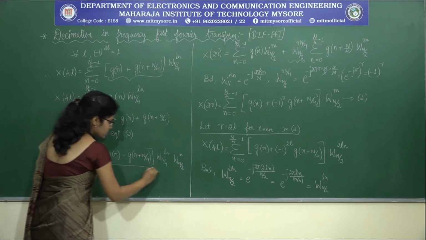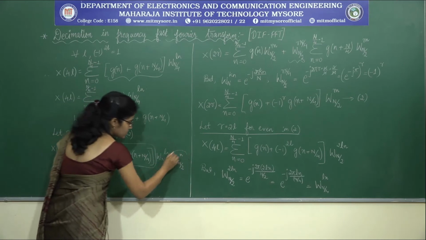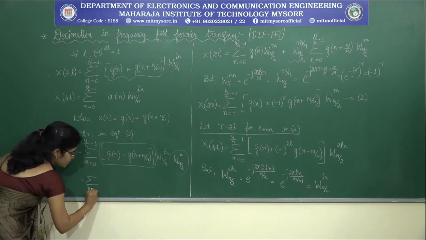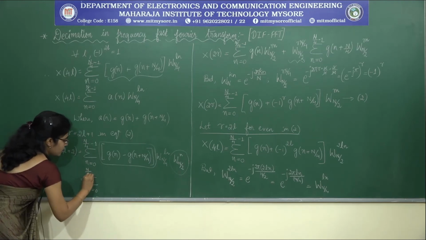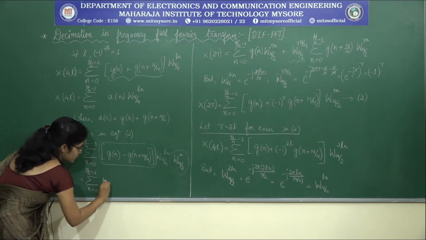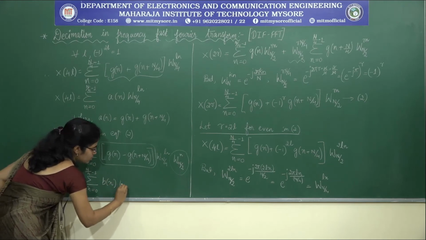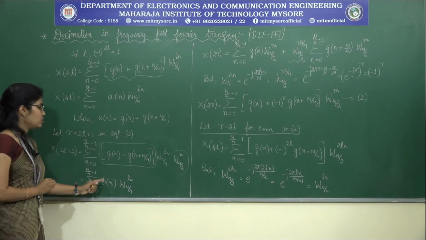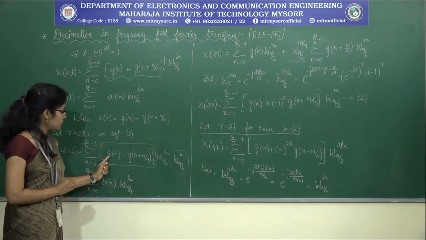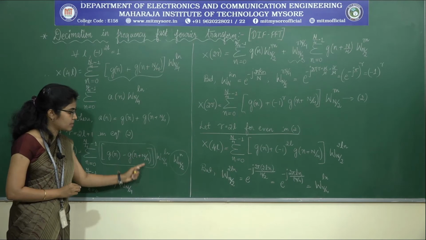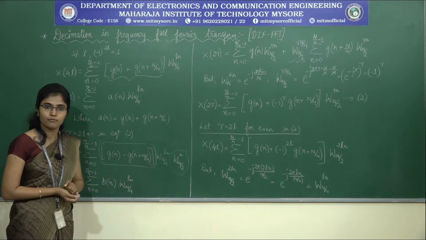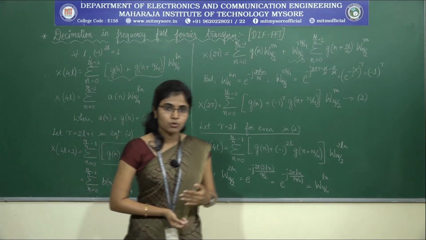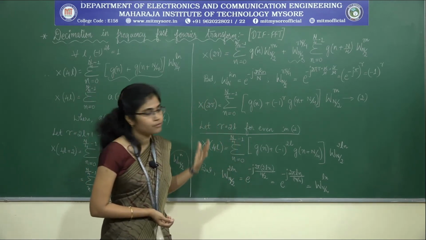Now, instead of this term and this term, let us take a substitution, that is summation n ranges from 0 to N/4 minus 1. Let me take it as b of n into omega N by 4 to the power of ln, where b of n is nothing but equal to g of n minus g of n plus N/4 into omega N by 2 to the power of n. So, this is how we apply divide and conquer approach to derive DIF FFT algorithm.